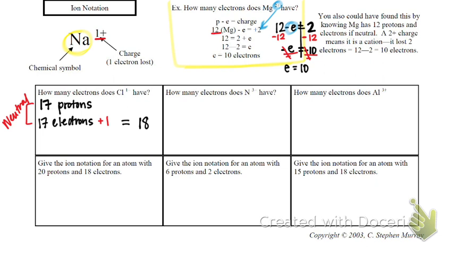The next one asks about nitrogen. How many protons does nitrogen have? 7. So if it's neutral, we need 7 electrons. But we want a -3 charge.